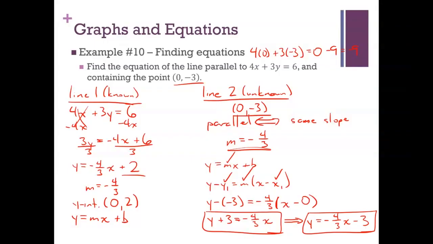So we didn't realize it, but we did have the y-intercept because 0, -3 is, since the x-coordinate is 0, that is the y-intercept. Any questions about this?